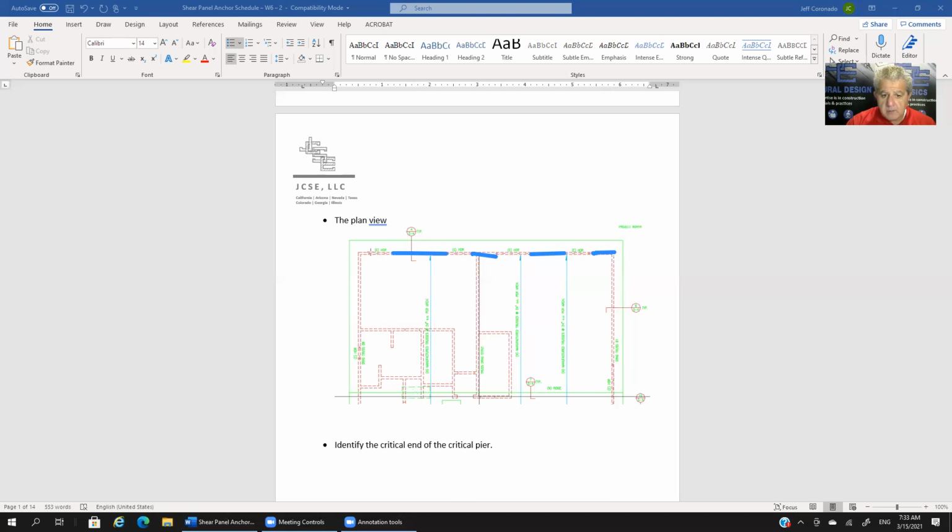In yellow, these are headers, meaning these are wall openings, whether it's a door or a window, not sure. But in the segmented approach, we're going to ignore those openings for our shear wall calculations. And then you might ask, well, there's also a small pier here at the end. Why are we ignoring that? Let you think about that one for a second.